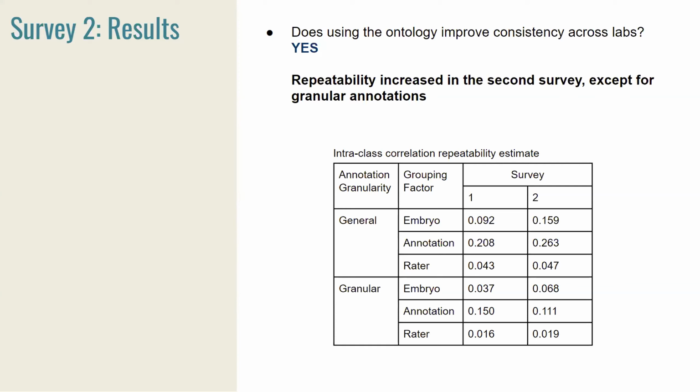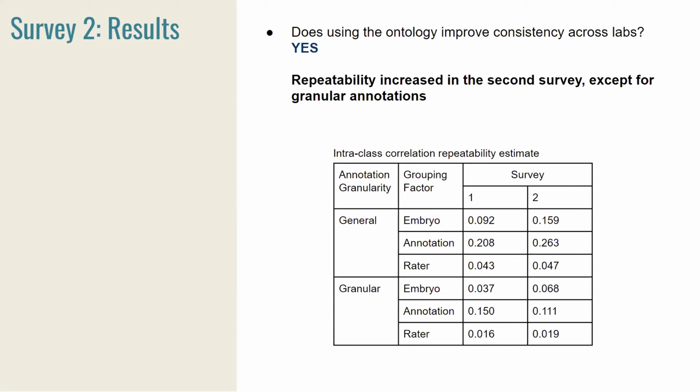And so in survey 2, the main results: does providing an ontology or a list of ontology terms improve consistency across labs? Yes, with some caveats. Repeatability increased in the second survey, except for the granular annotations.